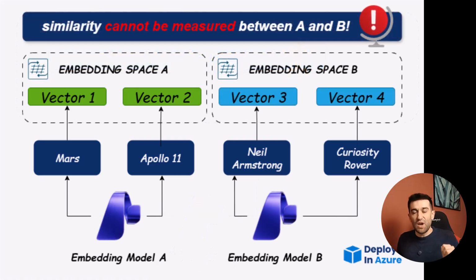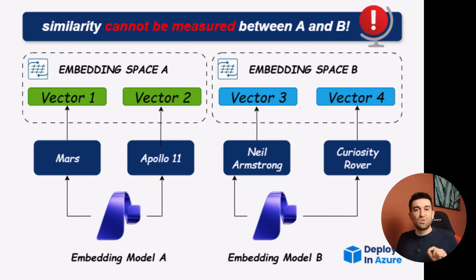Even if you have a vector with a given number of dimensions, let's say 10, and another vector with 10 dimensions, you can compare them only when they come from the same embedding space, which means they were created by the same embedding model. This is really crucial to remember.